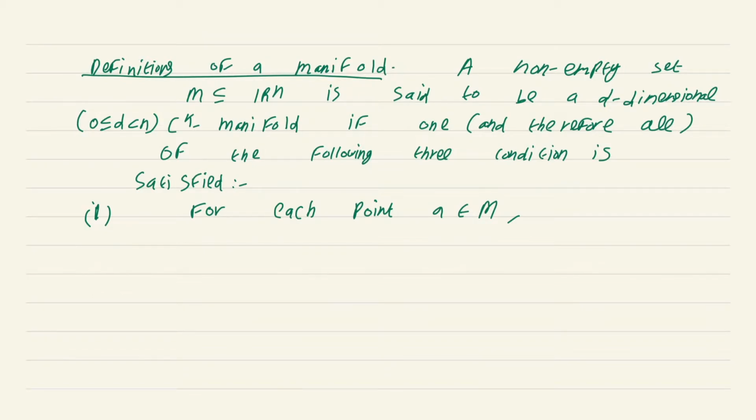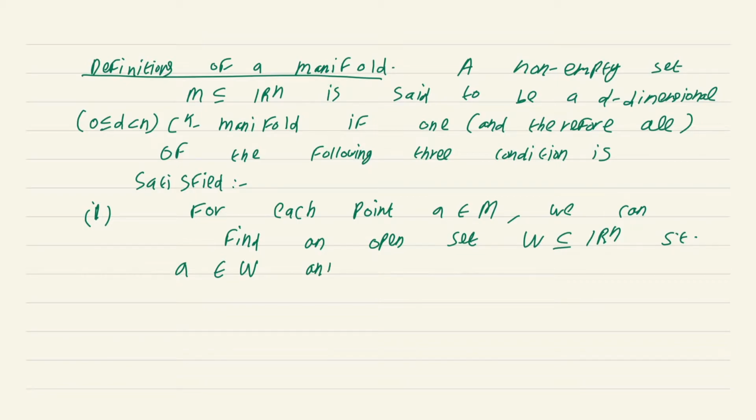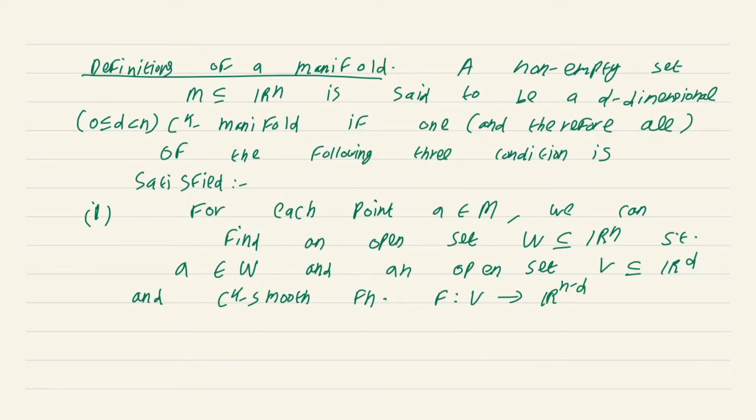So for each point A in M, we can find an open set W in Rn such that A is in W, and an open set V subset of Rd, and a C^k smooth function f from V to R^(n-d) such that M intersect W is precisely the graph of f. So far so good, intuitively clear, not too many technicalities.